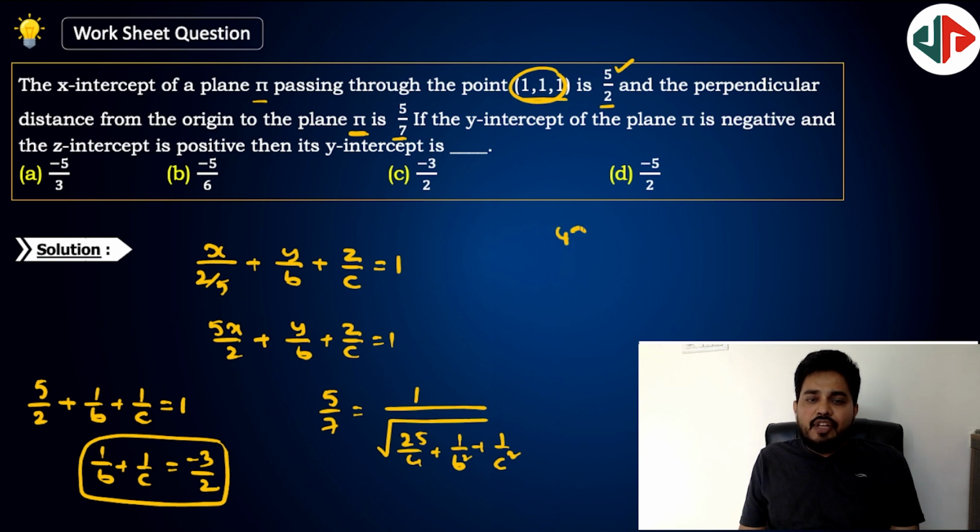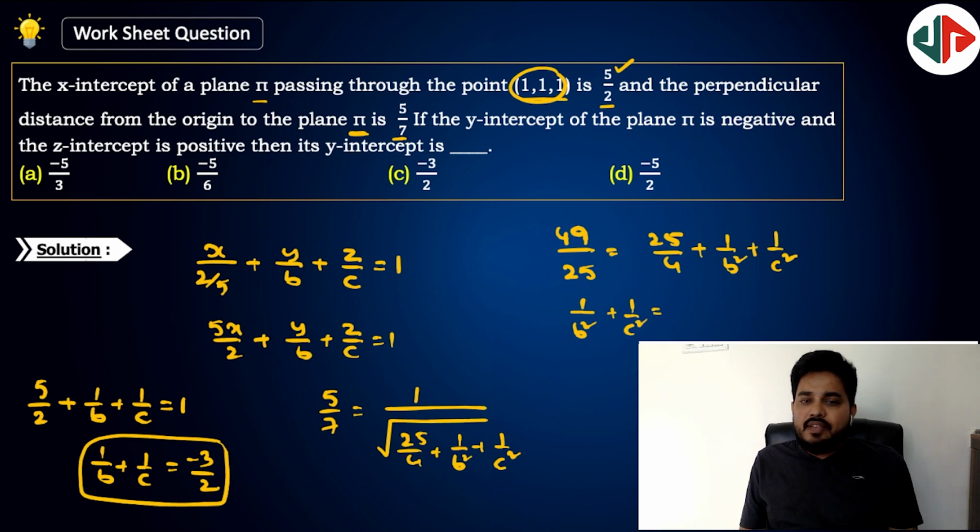Squaring and writing the reciprocal, 49 by 25 is equal to 25 by 4 plus 1 by b square plus 1 by c square. Okay. So here 1 by b square plus 1 by c square is equal to 49 by 4 ... 196. Okay.